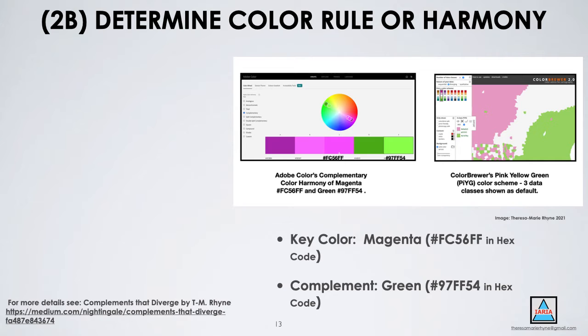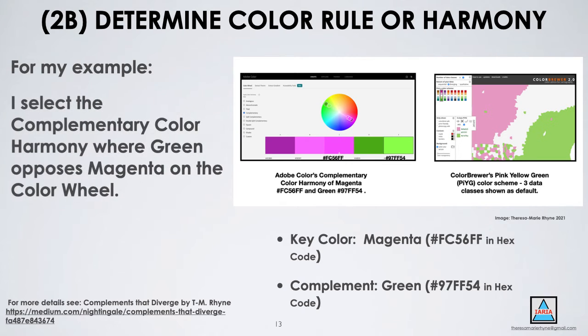Now, for my example, it turns out that I have a complementary color harmony because I remember I said I had agree and disagree. So I'm going to select a complementary color harmony where I have magenta and green, which oppose each other on the color wheel.